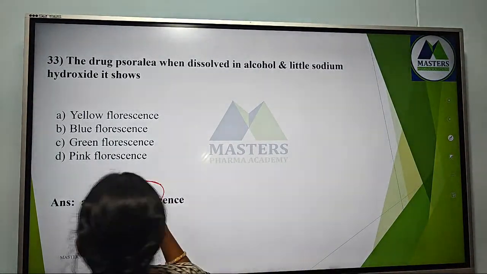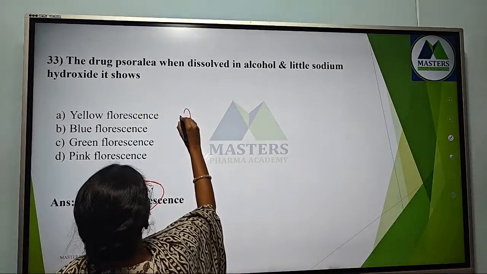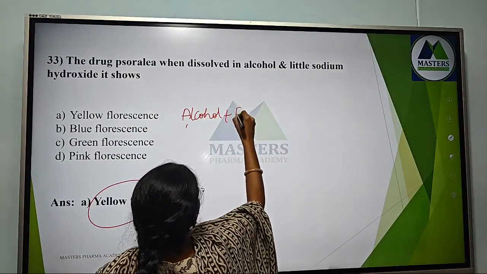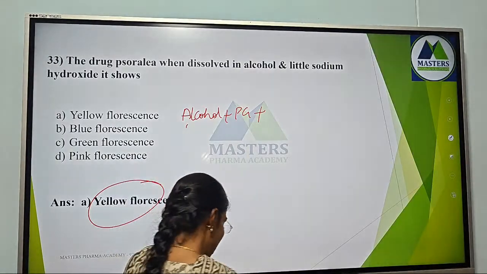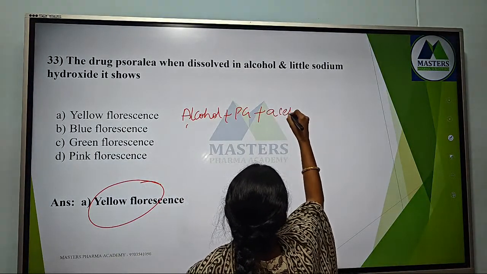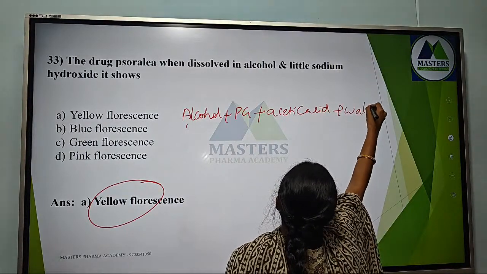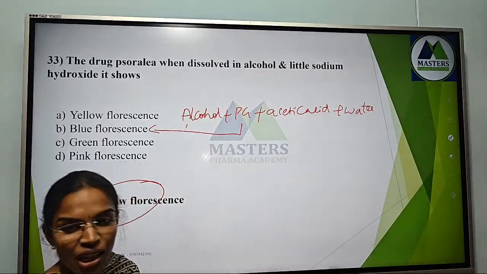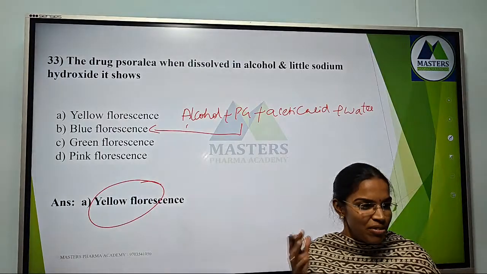Same drug, when it is dissolved in alcohol along with propylene glycol, PG is propylene glycol, and acetic acid along with water, it gives a blue fluorescence.